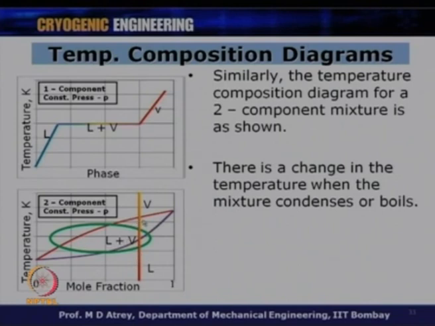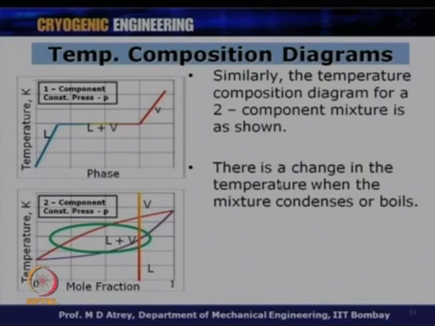It means that the phase transition is happening in this region, but during this phase transition, as you can see over here, the temperature is not remaining constant, the temperature is reducing, and this is a major change when we go from a single component system to a two component system. There is a change in the temperature when the mixture condenses or boils. So, it is not an isothermal process.